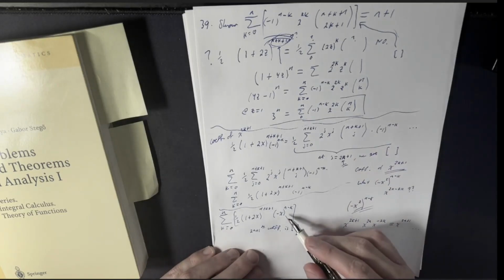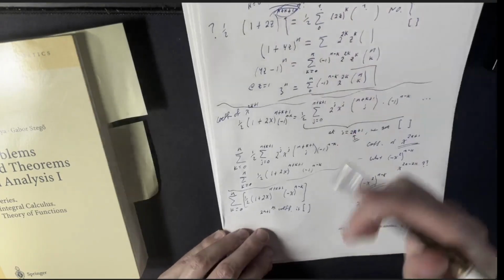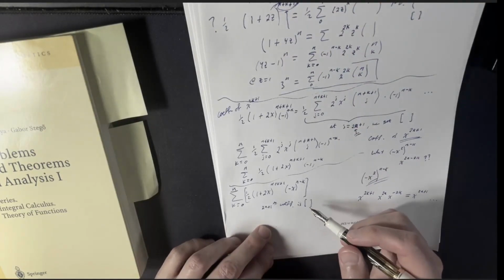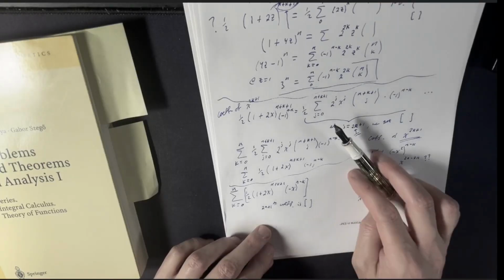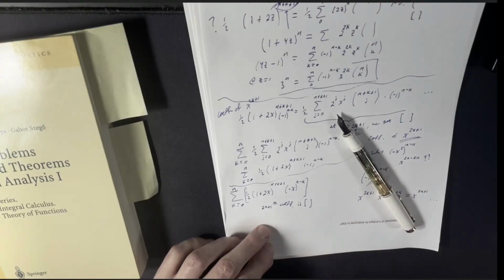But you need this as well. Like you need that there as well. So if we sum over all of it, and we take the 2n plus first coefficient of the result, that would be the same.